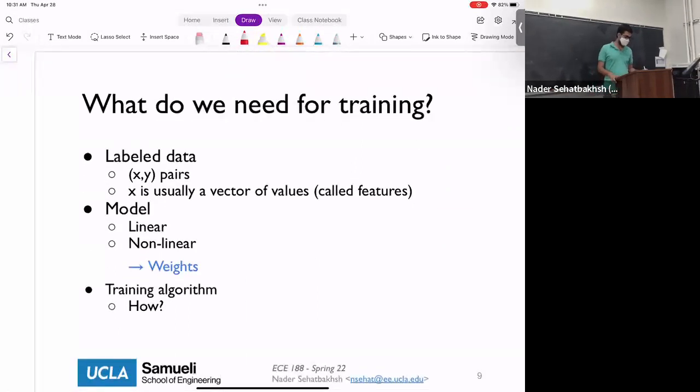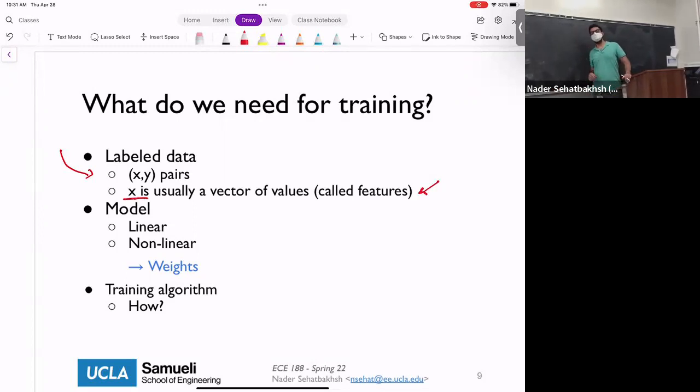You obviously need your labeled data, which as I said, is some pairs between your inputs and outputs. One thing to pay attention to is that usually the input is not a single value, but generally a vector of different values. You typically call them features, so different things used in order to make a decision.